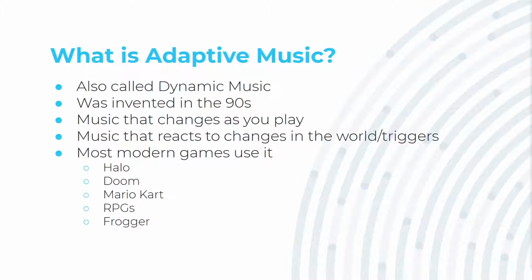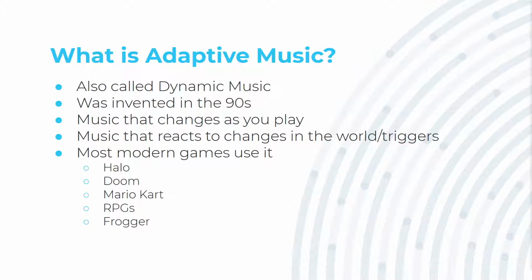But yeah, it's music that changes as you play the game, reacting to triggers and game states, and it's used in pretty much every modern game. With my go-to examples, as always, being Halo and Doom, but once again Mario Kart, and most RPGs have it as well. And of all things, Frogger actually was one of the first games to change the music as you play.